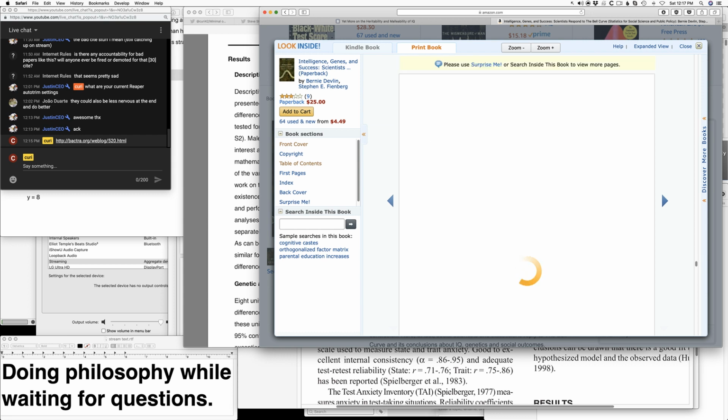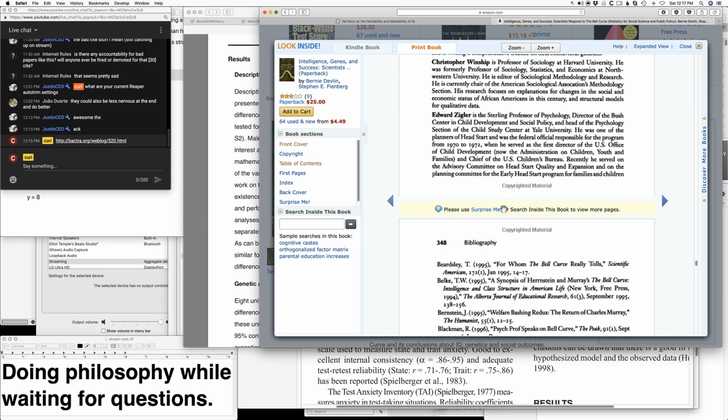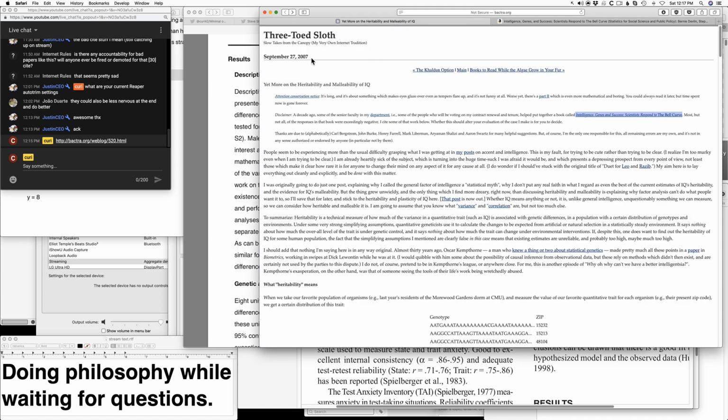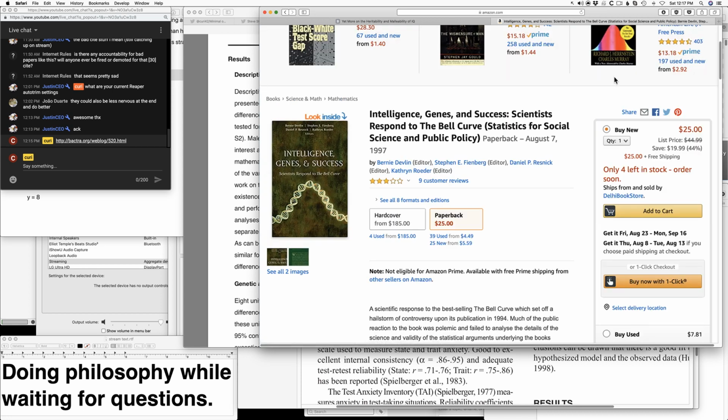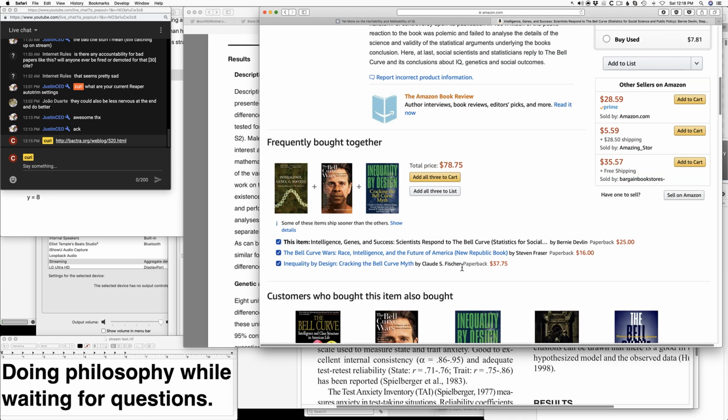I wonder if they made a new version of the book and got different contributors or something. This post is from 2007. And I don't know when the original book was from. So when is this book from and what is this? Well, this is from 1997. I just didn't see him on the list.